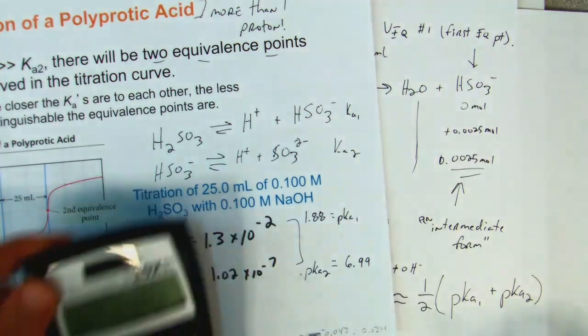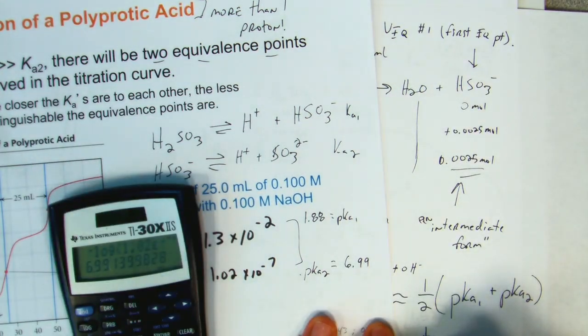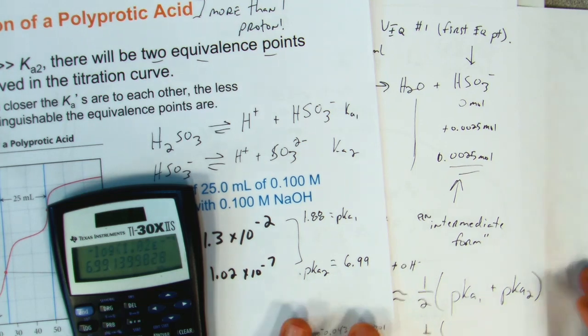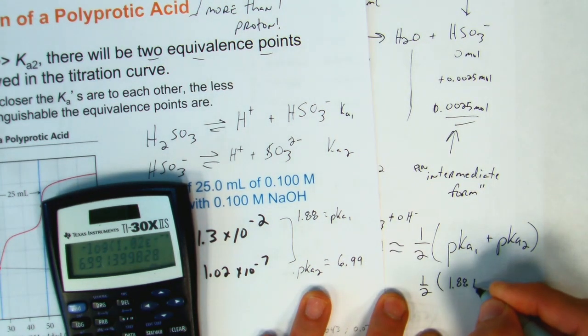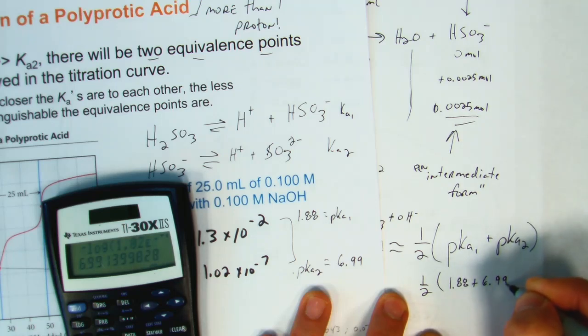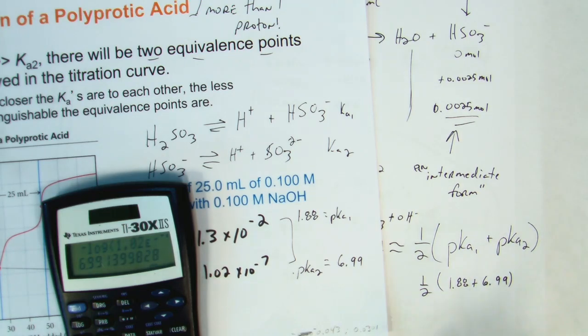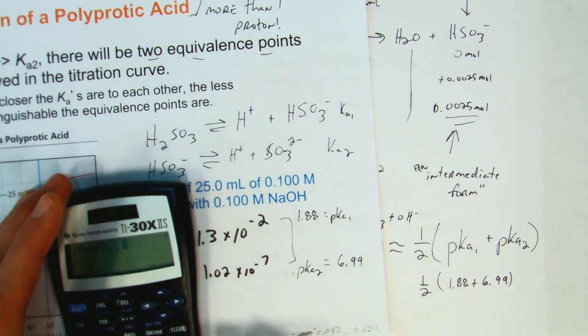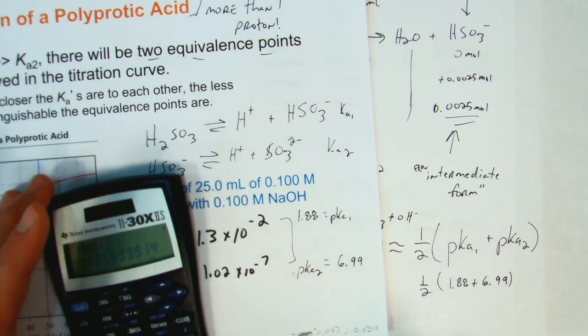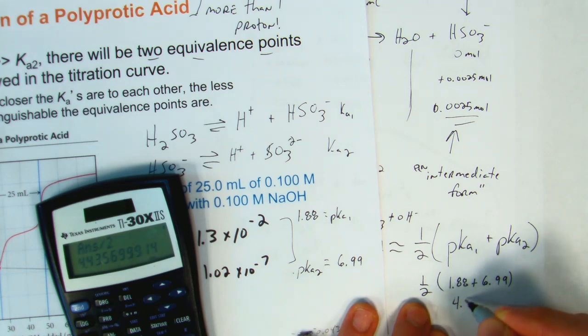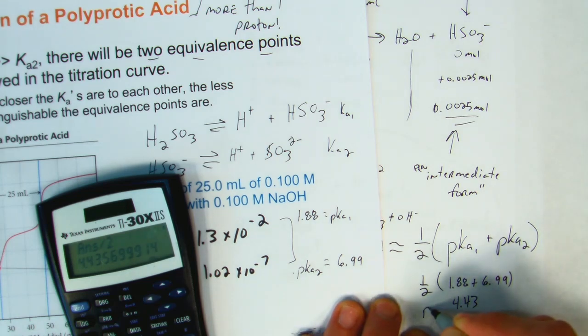So what this tells me to do is just to average those two. So I'm going to add 1.88 to that, divide by 2, and I get 4.43.